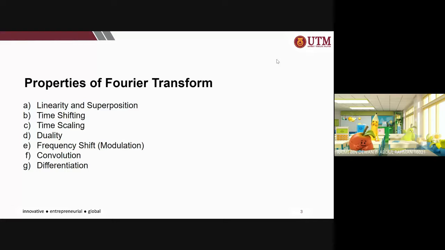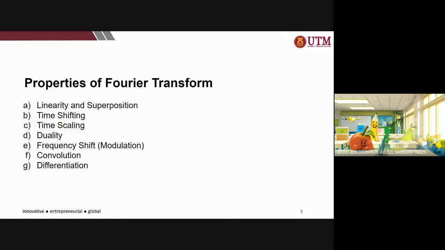We have A until G here. We have linearity, superposition, time shifting, time scaling, duality, frequency shift and modulation, convolution, and differentiation. Frequency shift is actually when we, for example, want to modulate an information signal. Normally, an information signal is low in frequency, so it cannot travel a longer distance.